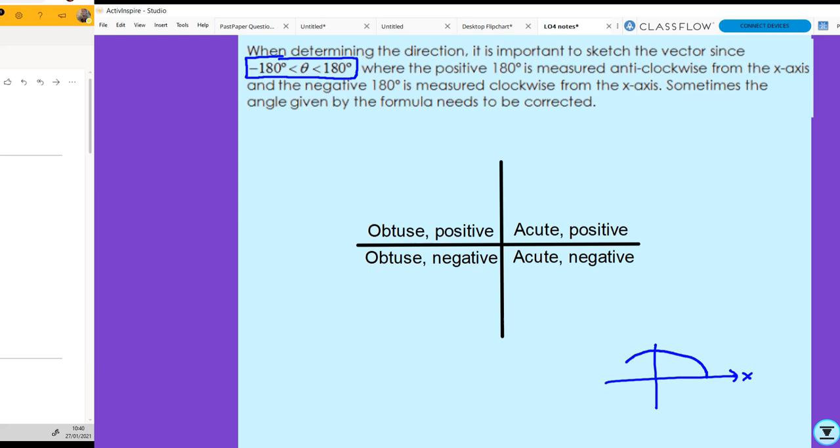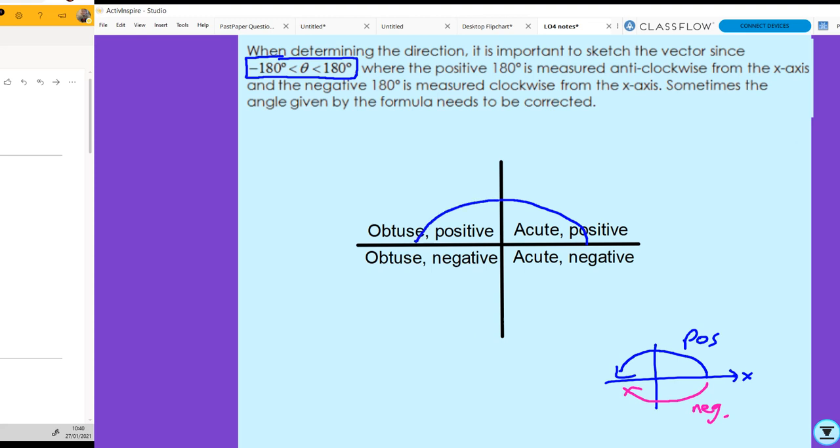Everything up in this top half are positive angles, whereas everything on this bottom half are negative angles. That means this first part of the angle is acute because you've not yet reached 90 degrees. However, when you pass it, it now becomes an obtuse angle.